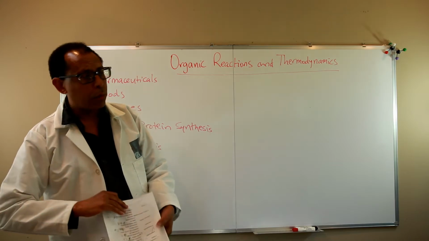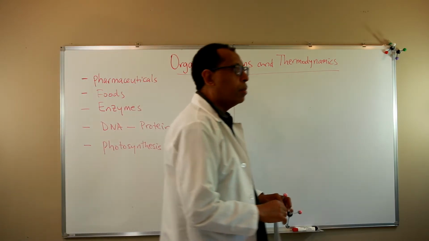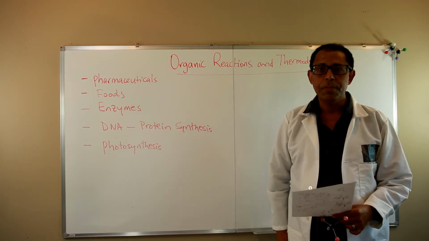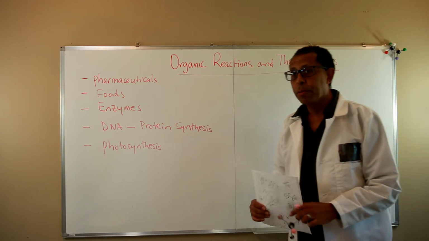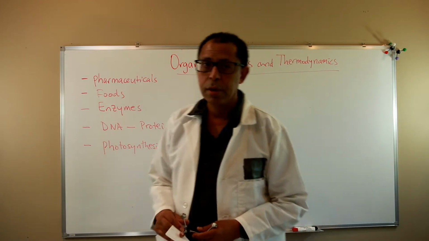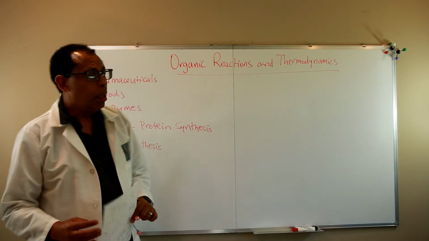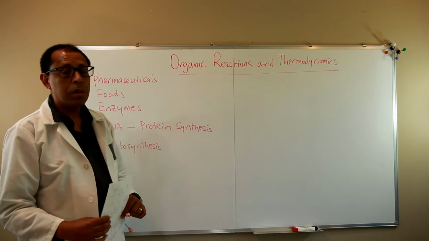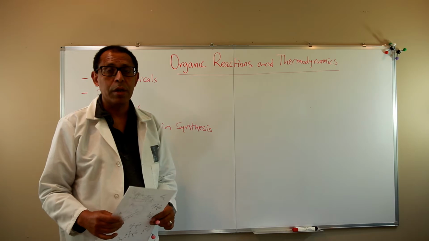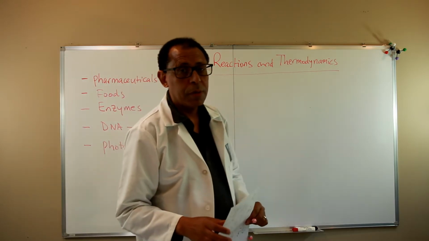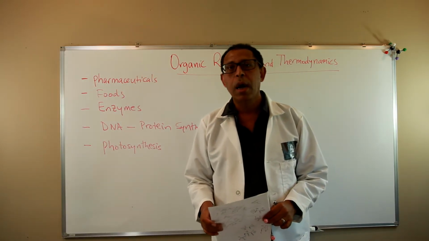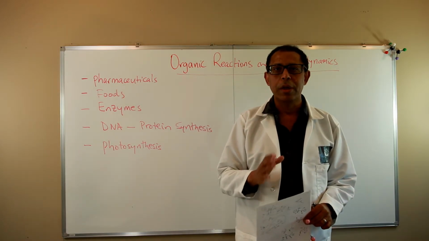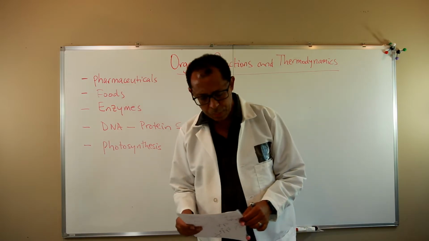So, as we have already done from lectures 1 to 15, we have covered very important organic chemistry concepts. As you go along to study more organic reactions, it's very important for you to review the most important previous organic chemistry concepts.